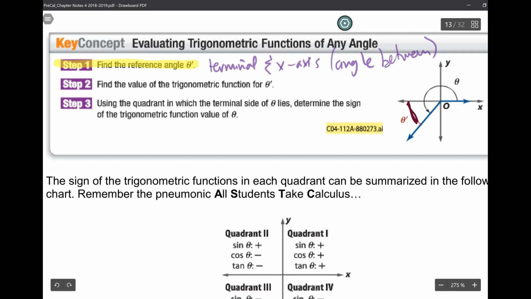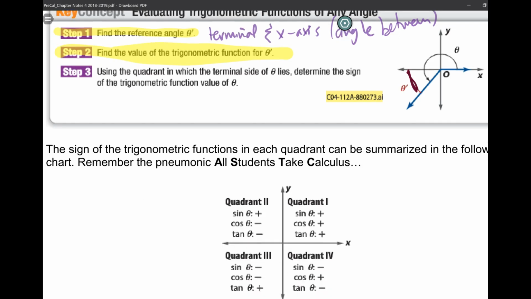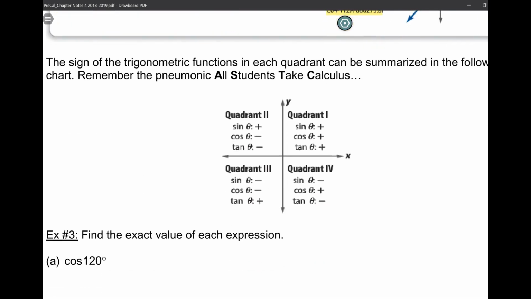Step 2 says, find the value of the trig function for theta. So for our reference angle, we want to find the value of the trig function. Then, using the quadrant in which the terminal side of theta lies, determine the sign of the trig function. If you remember, all students take calculus. That's how you know the sign. You start in the first quadrant and just follow the number of the quadrant.